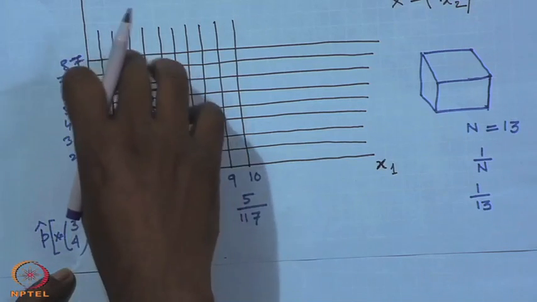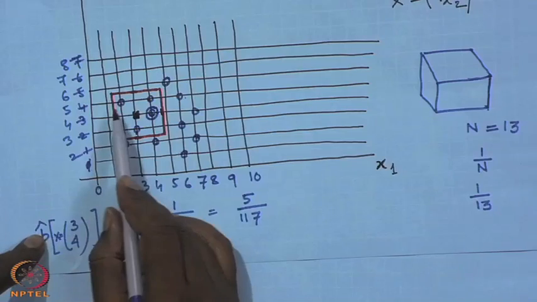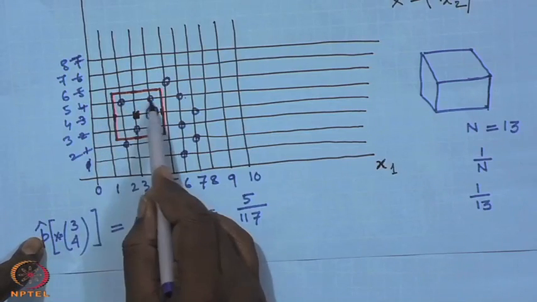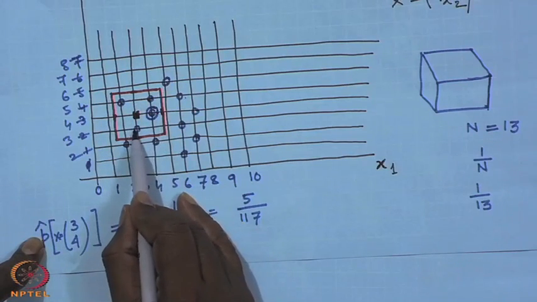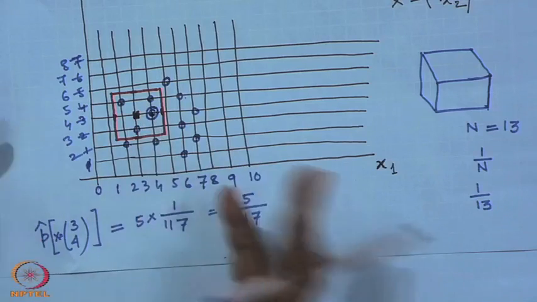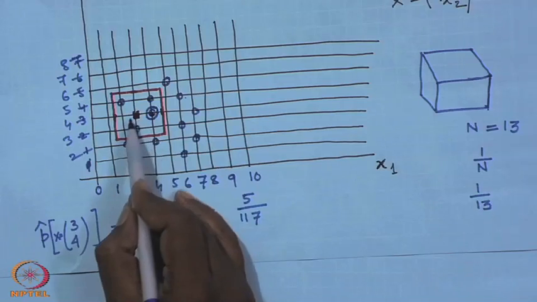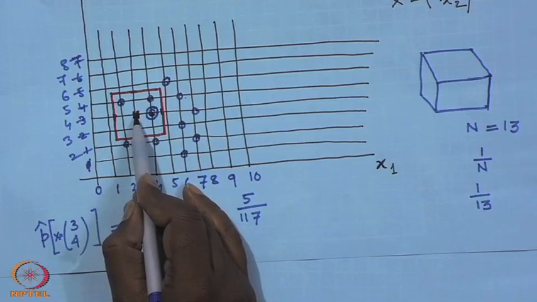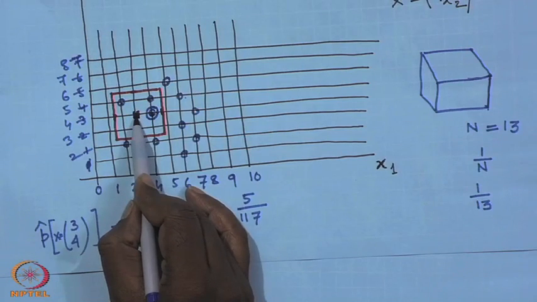So, how have we been able to do it? Simply by placing the box and counting the number of samples within the box. It is equivalent to placing a box over here, a box over here, a box over here, 2 boxes over here, and then finding out how many of these boxes are superimposing at location 3, 4.